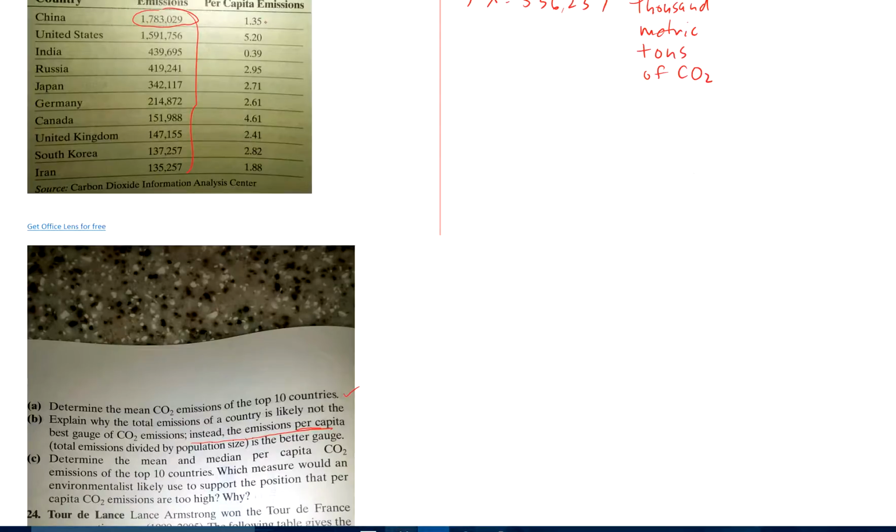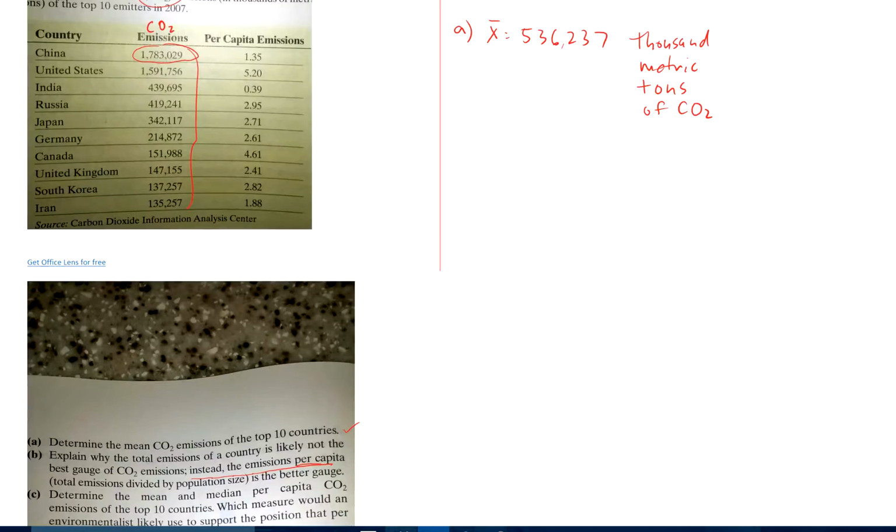So per person, they're 1.35 metric tons per person is what it equates to. Whereas this is 5, this is 0.3, 2.9, 2.7, all the way down. Okay, so now you can see, hey, the United States is actually putting out more carbon dioxide per person compared to everybody else. Canada would be second, and so forth.